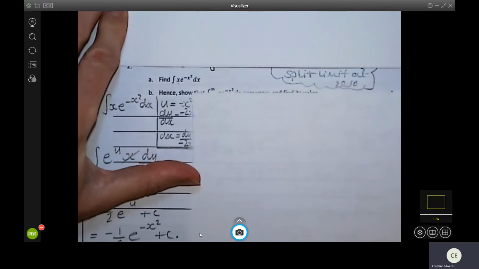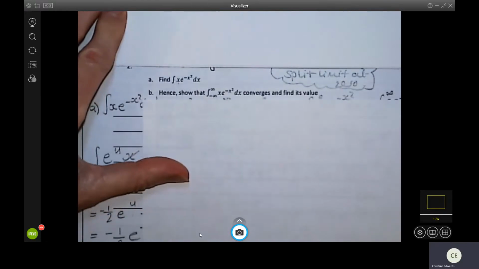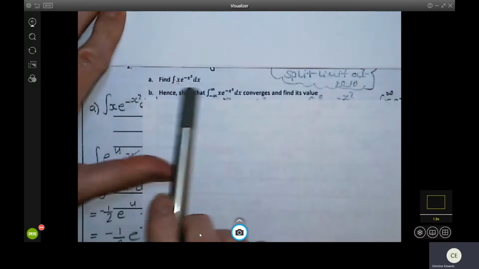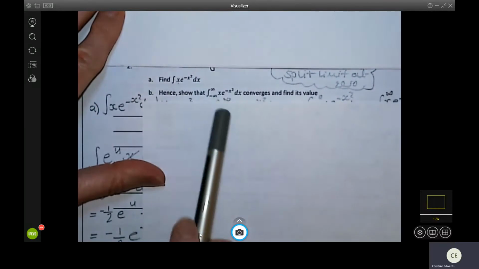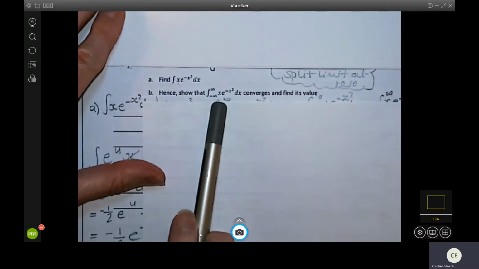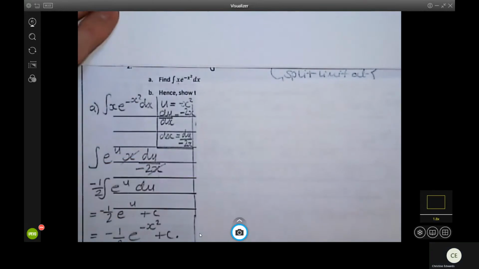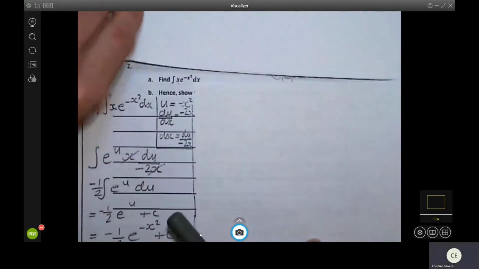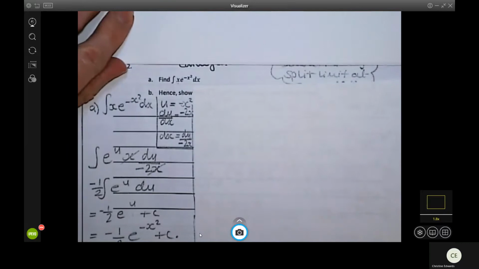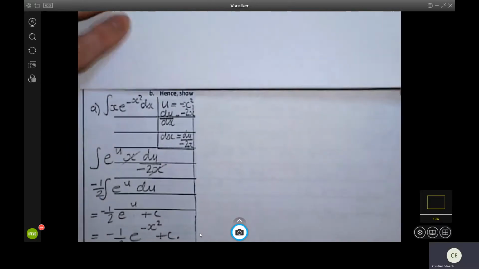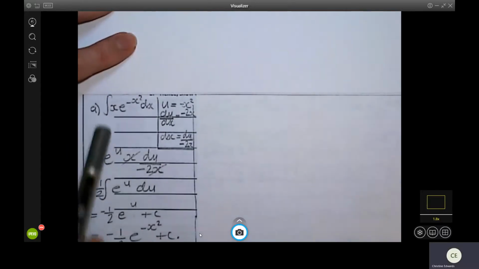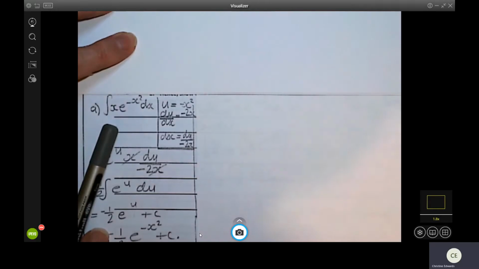So I am being asked to integrate this function and then to evaluate it between minus infinity and plus infinity. So for part A, I am going to consider the best way to evaluate x e to the minus x squared.